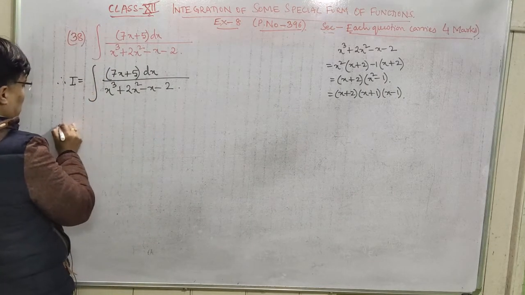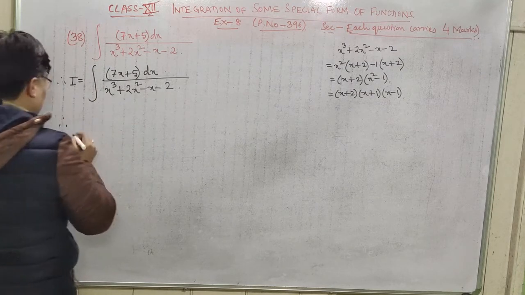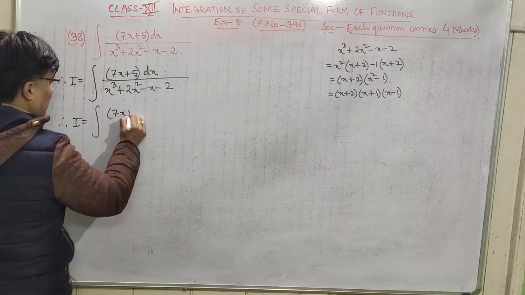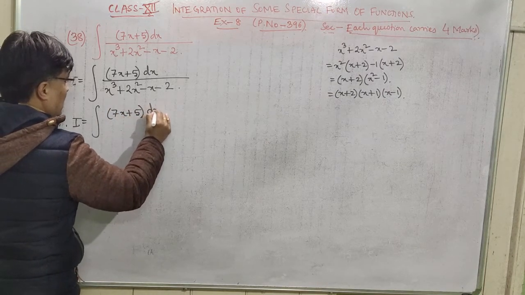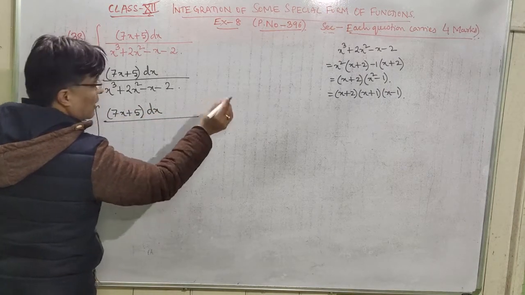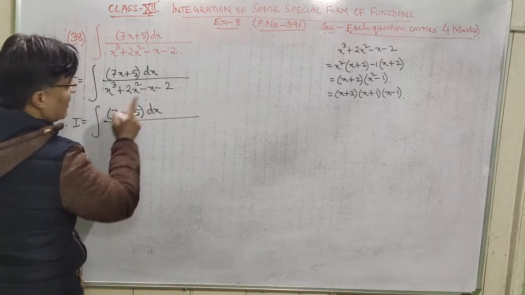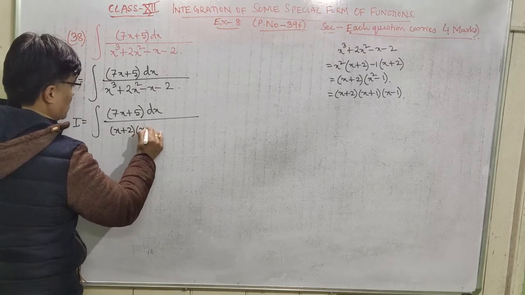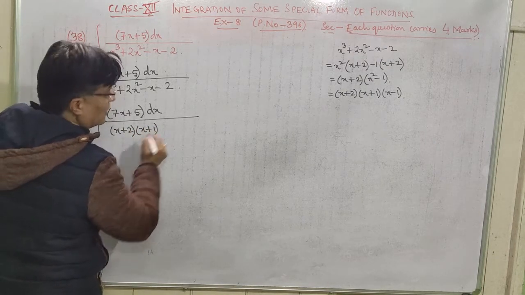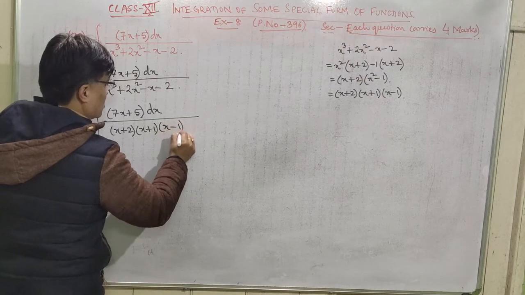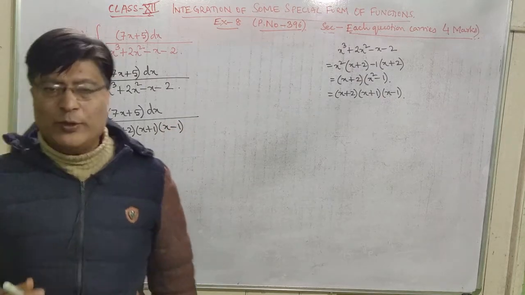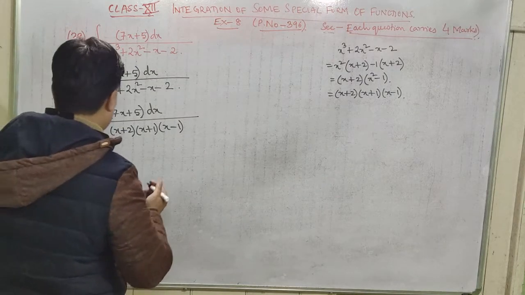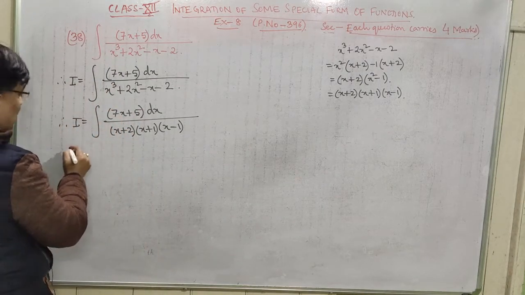Therefore I equals the integral of (7x + 5) dx divided by its factorization, which is (x + 2)(x + 1)(x − 1). Again we can convert this fraction in terms of partial fractions.